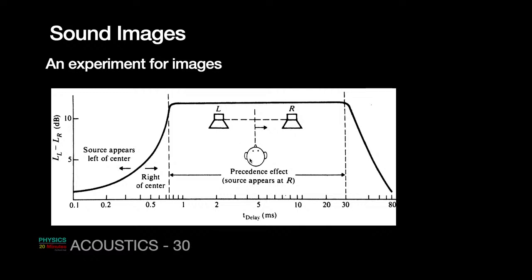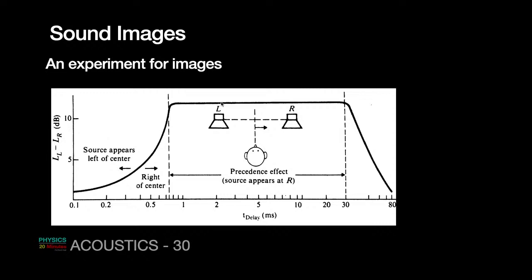The other way to introduce the delay, or mimic the same effect of shifting the left speaker physically behind, is to feed the same signal to the left speaker a little later. So that delay is plotted over here, and the delay has been compensated by making L louder.